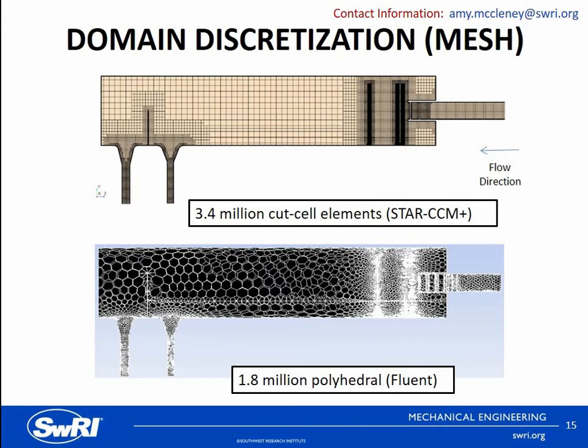For these simulations, we used the full 3D geometry, including the internals, meaning we did not utilize symmetry or use porous medium models for the baffles. We also did a grid refinement study, a mesh refinement study, and those studies only showed a small change, less than 2% in the overall separator efficiency, with doubling of the mesh size.